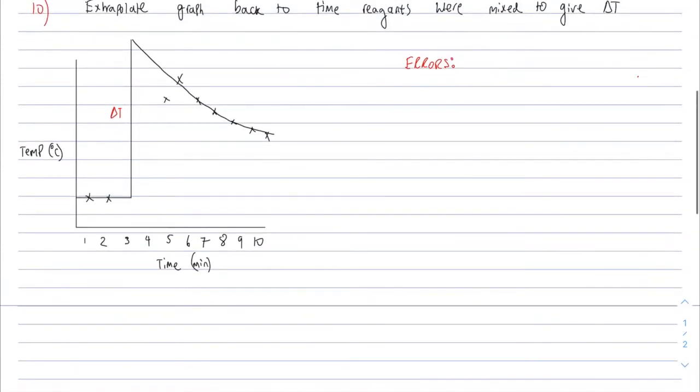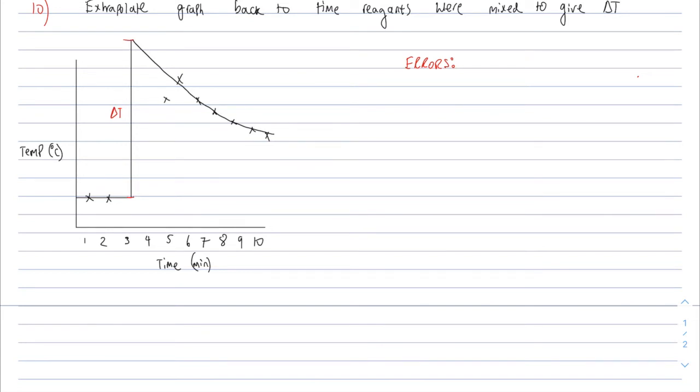So as you can see on this graph, we measured the initial temperature for 2 minutes, then we mixed the reagents, then measured the temperature on the 4th minute, and then consecutively until the 10th minute. Then we extrapolated the graph back to the time that the reagents were mixed. And we got this as our ΔT. So this is ΔT.